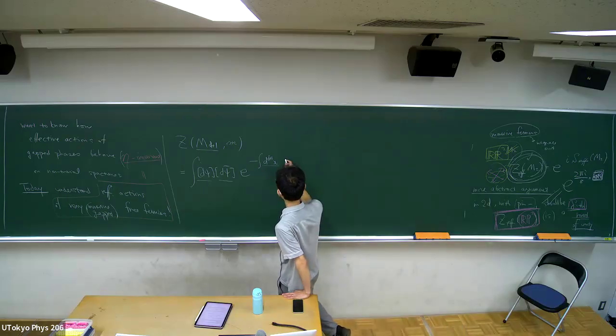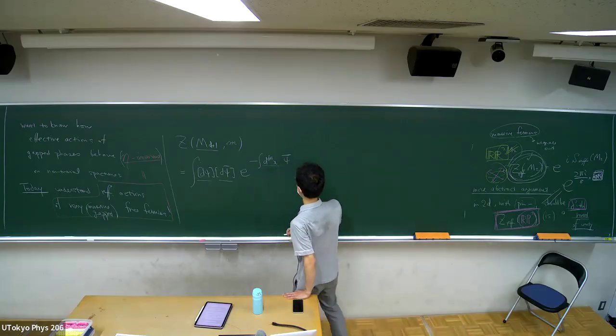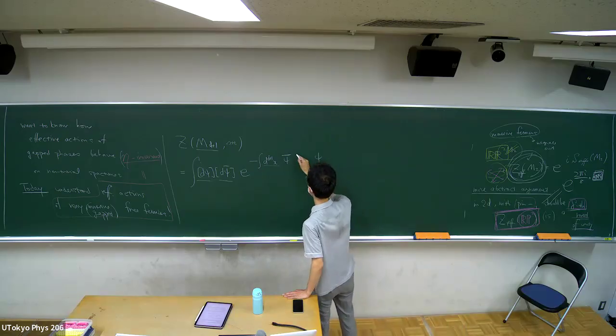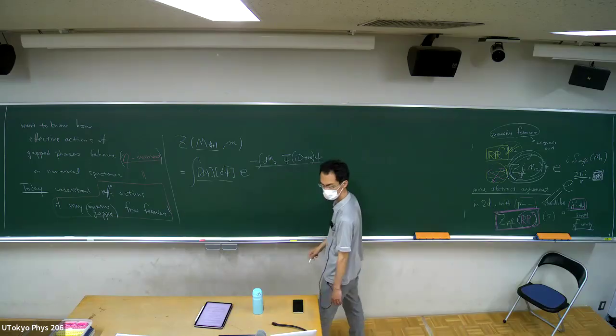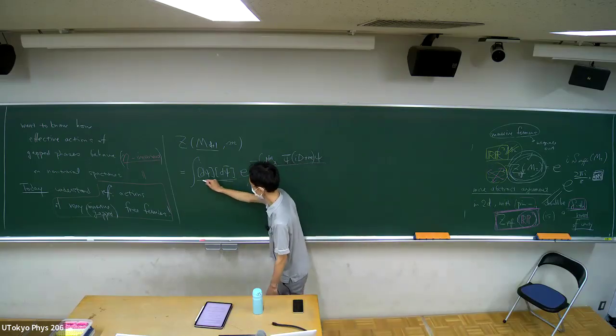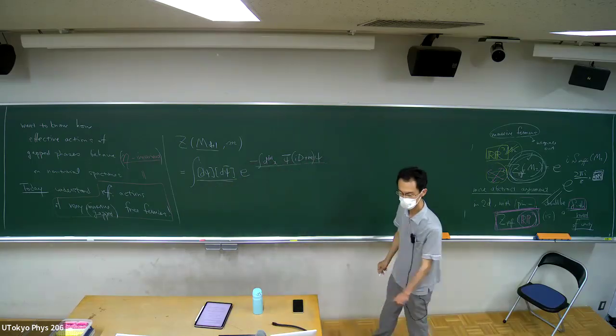So the space-time action is something like psi bar psi, and the mass term plus the Dirac operator. So this is the free Lagrangian. And you perform the path integral over the fermions.